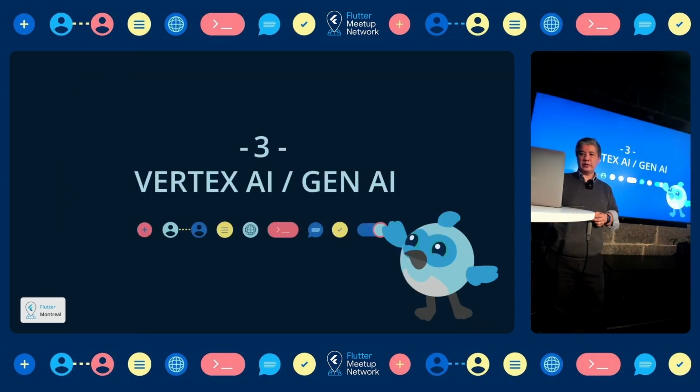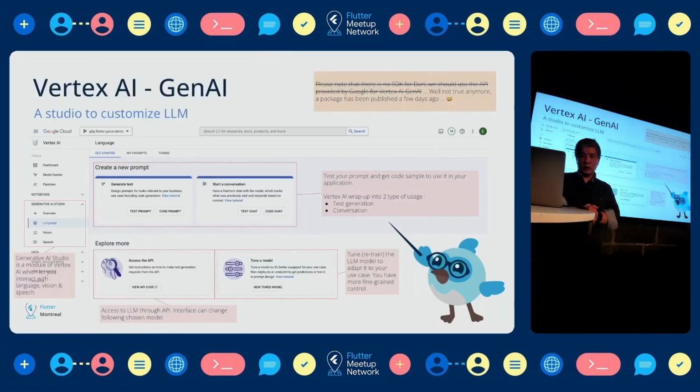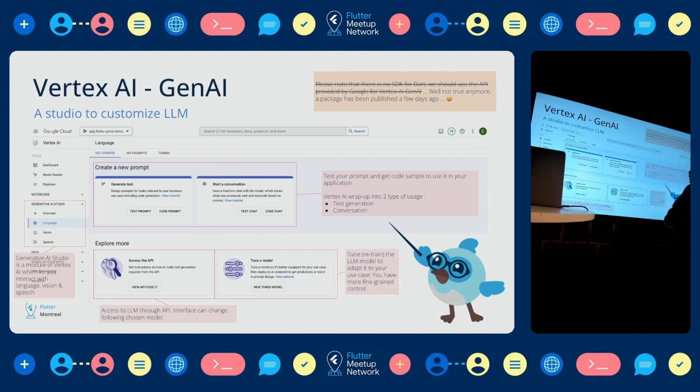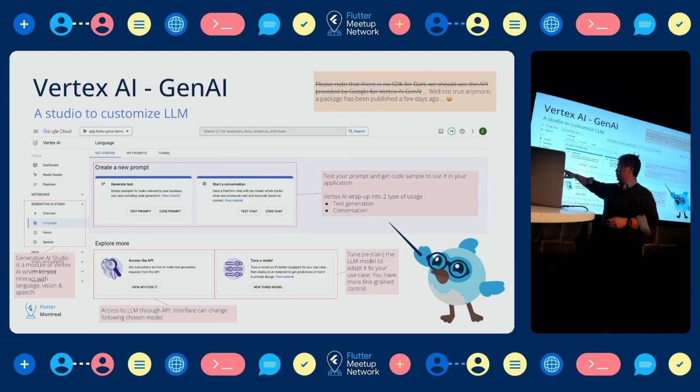So let's start with generative AI. In your console, when you go to the Vertex AI solution, you will have the left menu in which you will have the generative AI studio, in which you can do three things. You can do some generative AI language, vision, or speech.